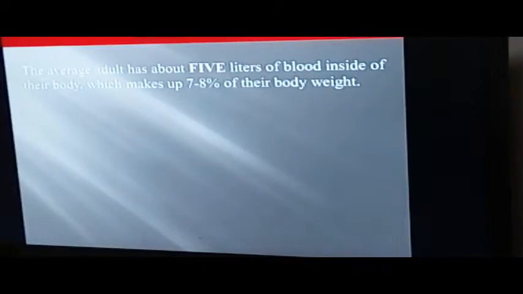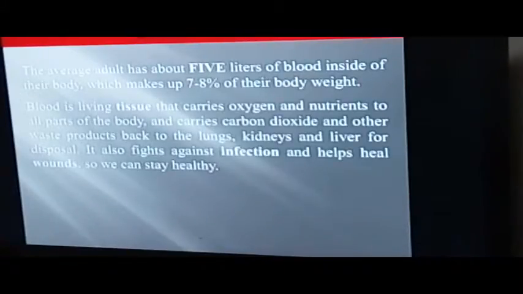Blood facts. The average adult has about 5 litres of blood, which makes up about 8% of our body weight. Blood is a living tissue that carries the oxygen and nutrients to all parts of the body and carries carbon dioxide and other waste products back to the lungs, to the kidneys, the liver, for disposal, to get rid of.